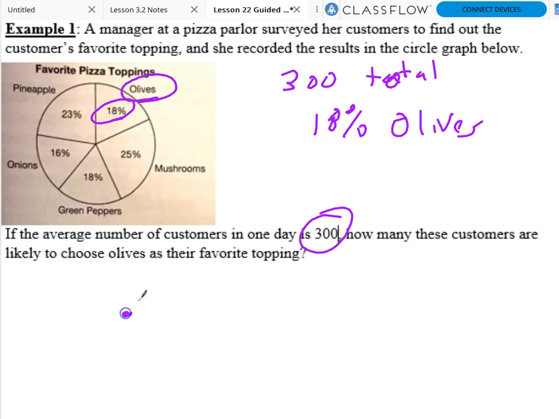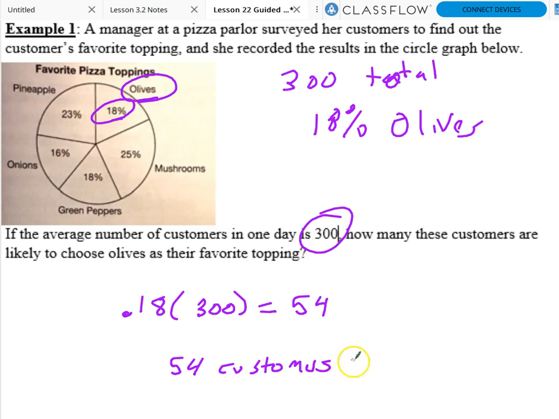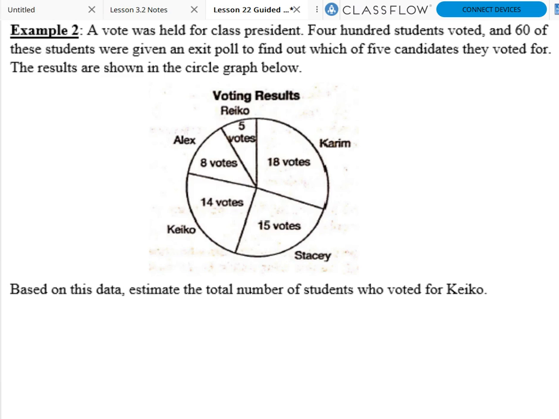So to do that, we're going to do 0.18 times 300. And when we type that in our calculator, we are going to get 54. So what that means is that 54 customers like olives on their pizza. Okay? All right, so moving on to the next example.